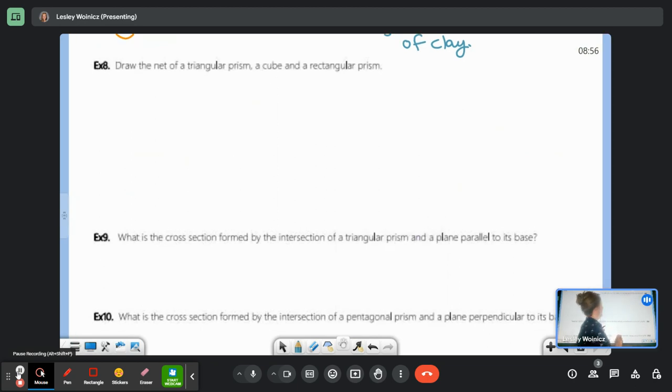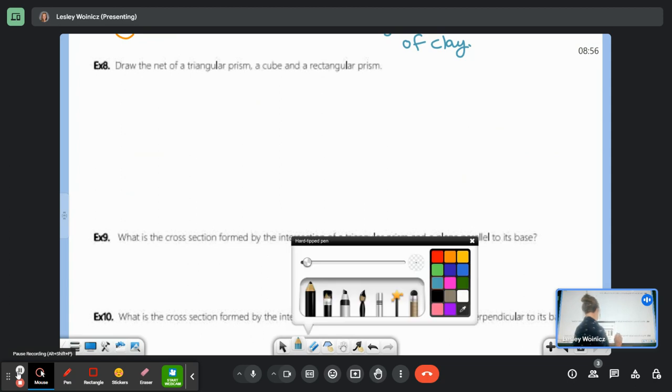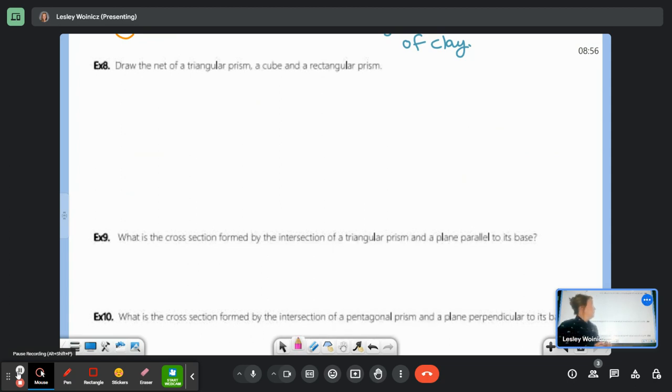All right, we have to draw the net of a triangular prism, a cube, and a rectangular prism. Okay. Triangular prism. Do we want to take it easy on ourselves and just make an equilateral base? Okay. It's Monday. We're going to be slackers a little bit.